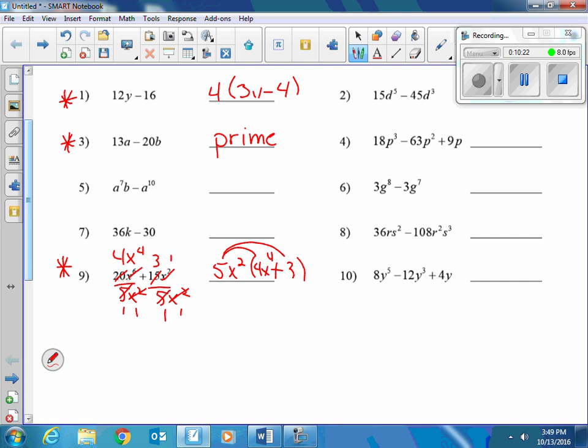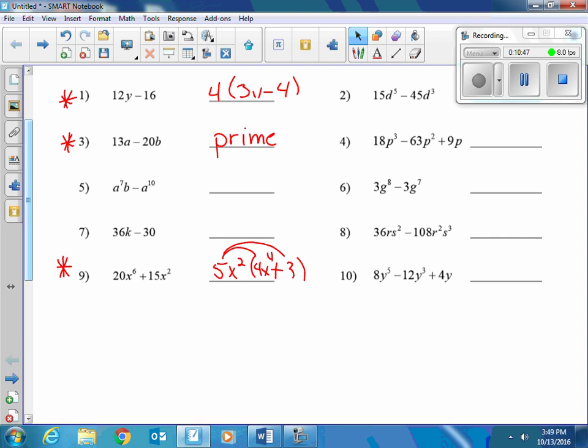So 5 times 4 is 20. X squared times x to the 4th, you add your exponents, that's x to the 6th, that checks out. And then 5 times 3 is 15, and you just bring the x squared over with it. And that looks exactly like what I started with. So that is your greatest common factor times the prime polynomial.